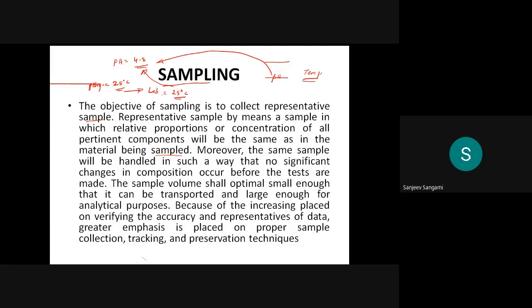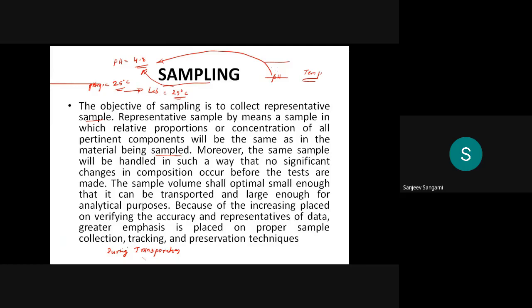Suppose the characteristics change during transportation; then you won't get exact results, because temperature is interlinked with many other characteristics, and they are going to change automatically. Then the objective of the sampling, the representativeness of the sample, is not correct.